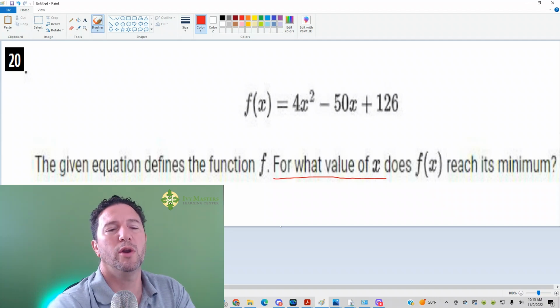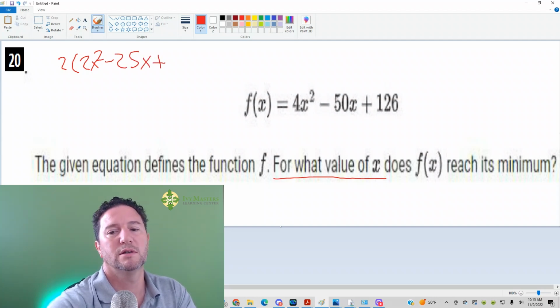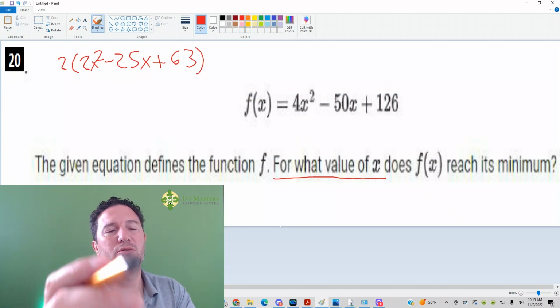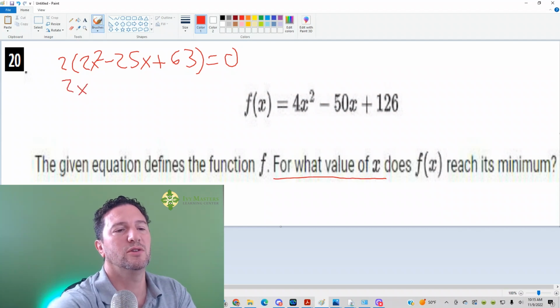So first off, I want to simplify the equation. If I could pull a 2 out, it becomes 2x squared minus 25x plus 63. And then if I divide both sides by 2, for all intents and purposes set it equal to 0, the 2 is gone, and you've just got 2x squared minus 25x plus 63 equals 0.